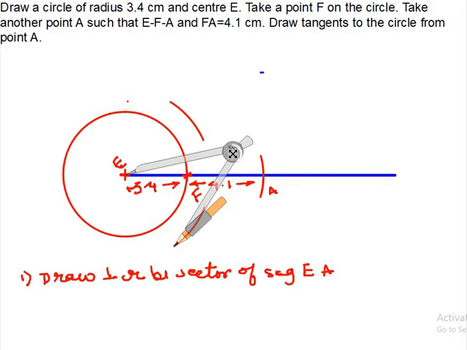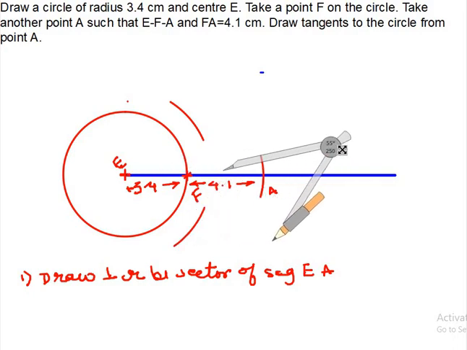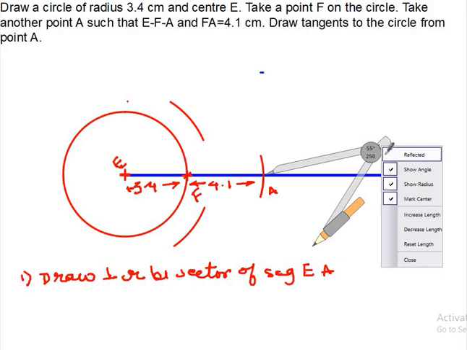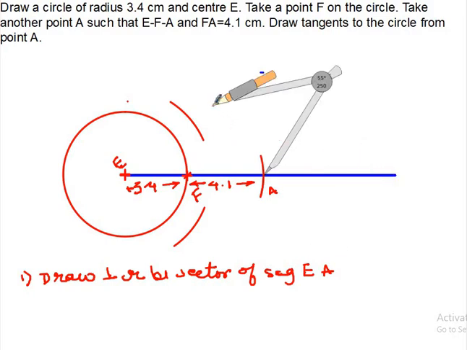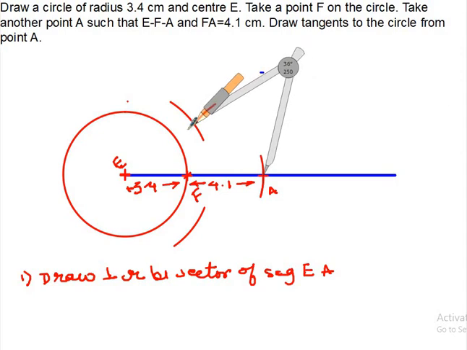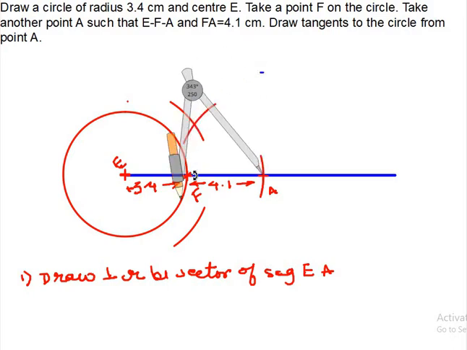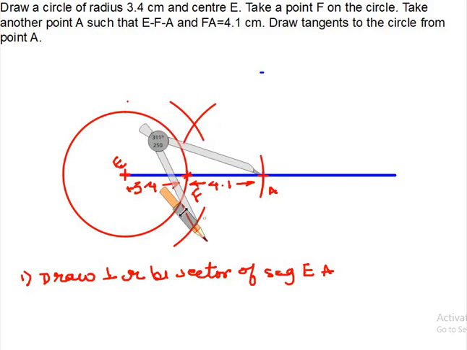Now without changing this distance, keep this steel point on point A, and with the same distance mark one more arc here, and the same distance another arc below segment AE.